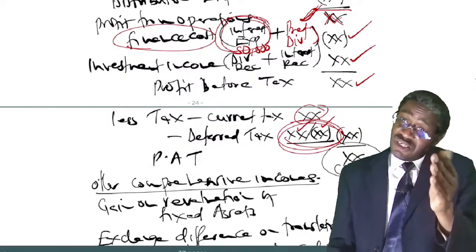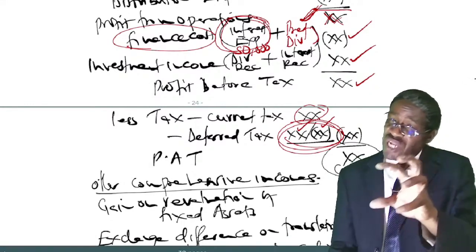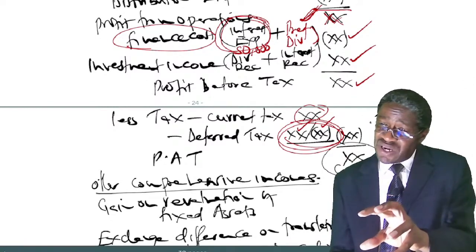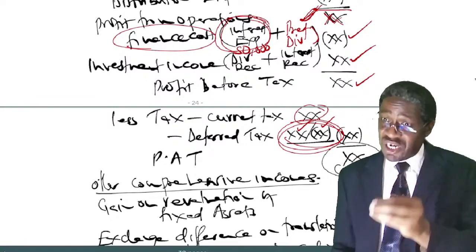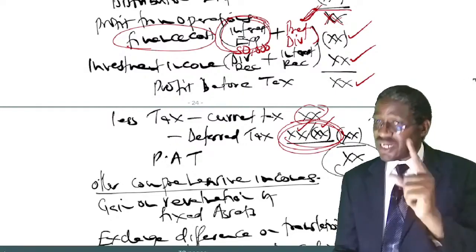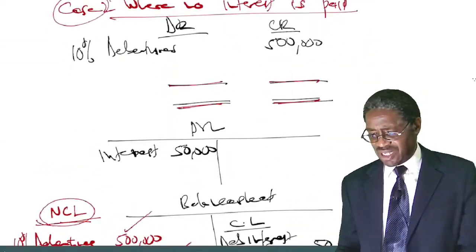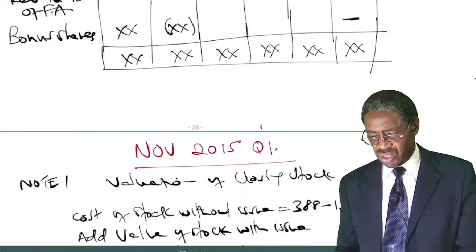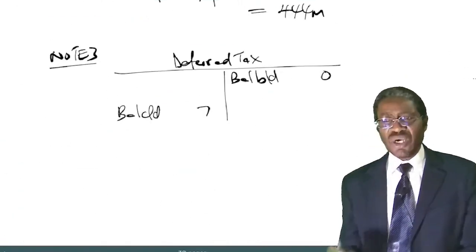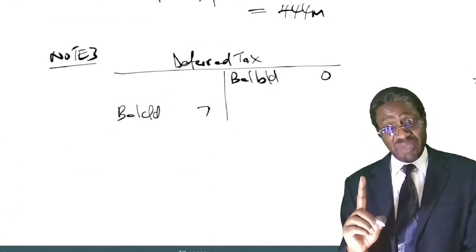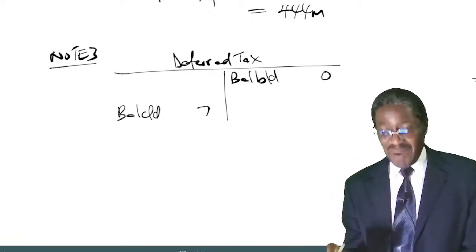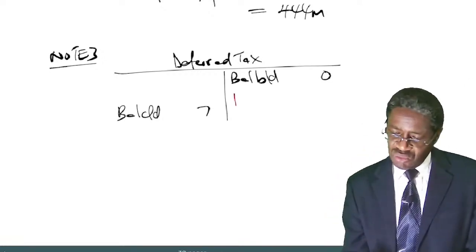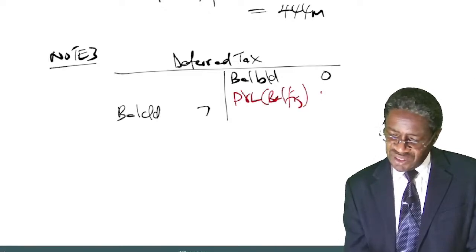It depends on the question. But let's first get the charge from our question. We are carrying down 7 million. We began with a balance of 0. So there's a balancing figure on this side, a balancing figure of 7.